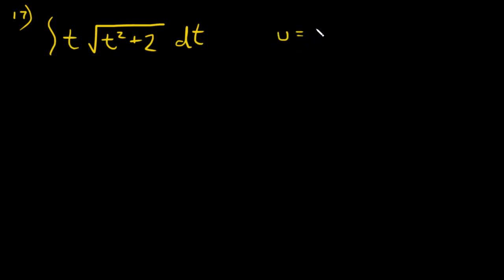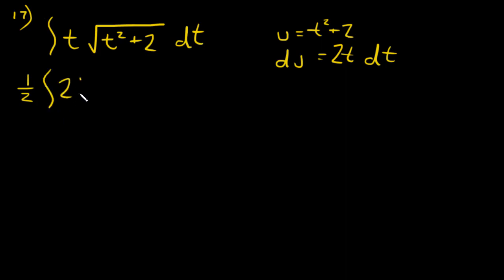So u is equal to t squared plus 2. That means du is equal to 2t dt. Okay? So I need a 2 in front here to fulfill my du, which means I need a 1/2 on the outside. So 1/2 integral 2t root (t squared plus 2) dt.